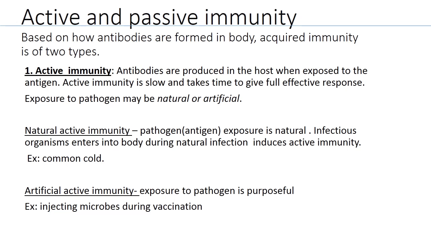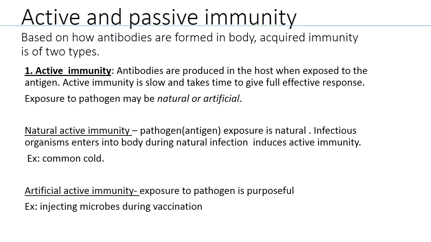So why are we vaccinated? The purpose is just to prevent getting the disease in the future. We are already ready with the antibodies here. Whenever our body gets the disease in the future, the immune system will directly release antibodies. We will discuss vaccination later. Just understand, vaccination is a kind of artificial active immunity.